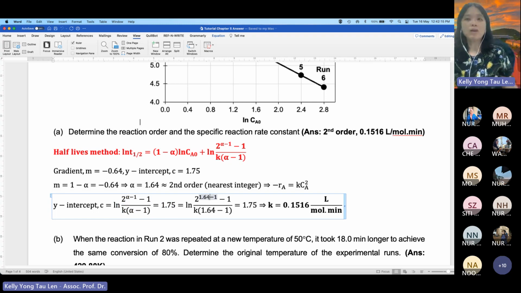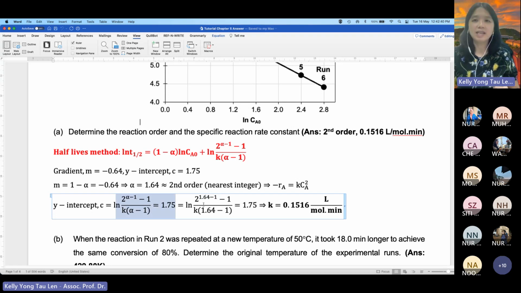You may wonder, like I explained in the lecture, shall I replace alpha with 1.64 or 2 after rounding? You use either one, I will give you the marks, okay? But to be more accurate, technically, you use the value of alpha before you round up to find the value of k from the equation, right? Okay.